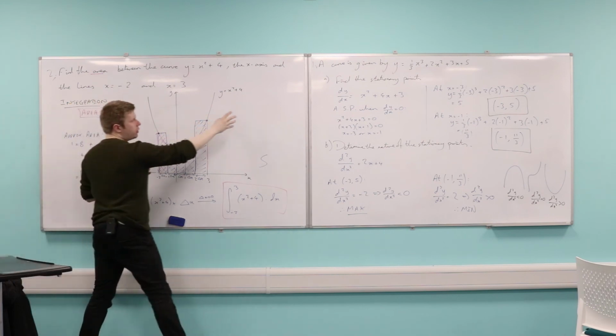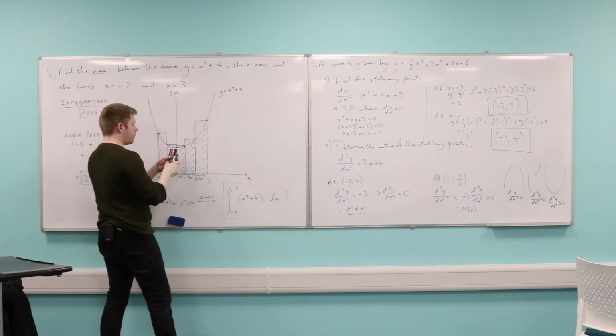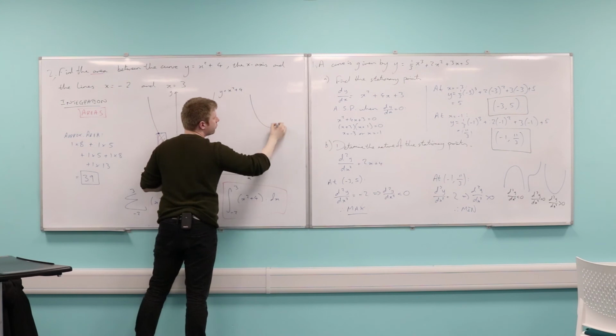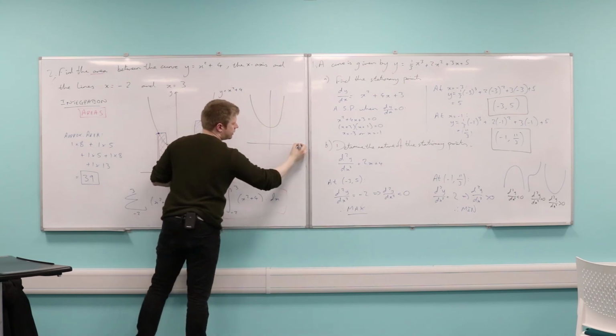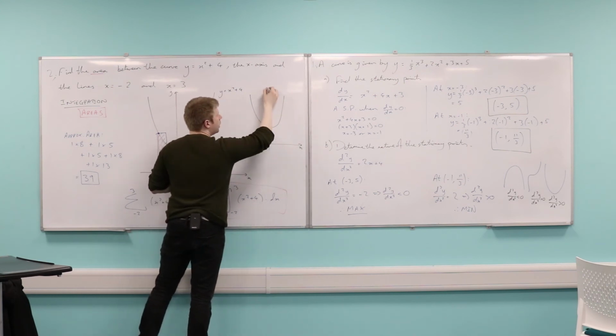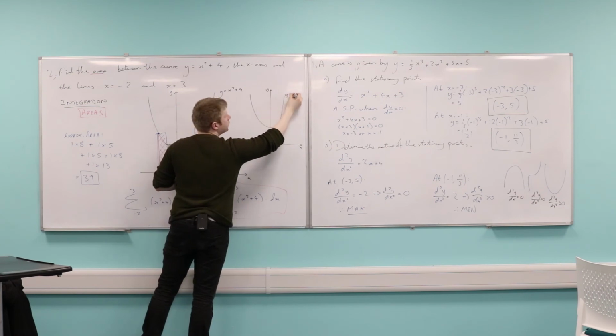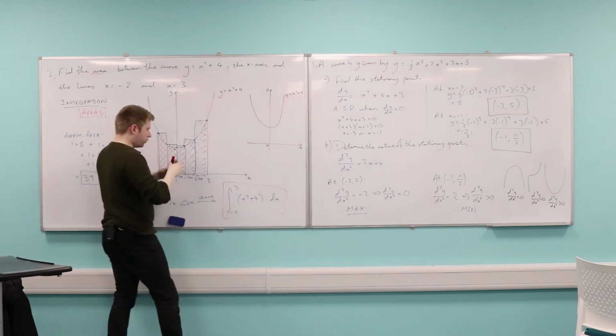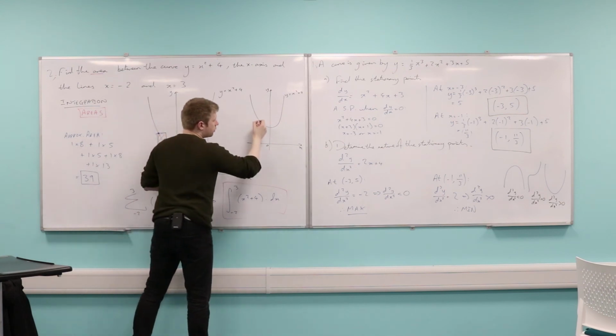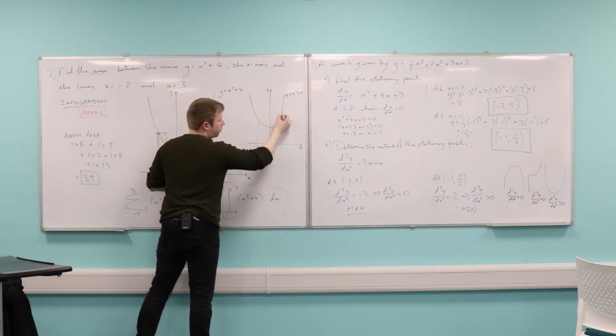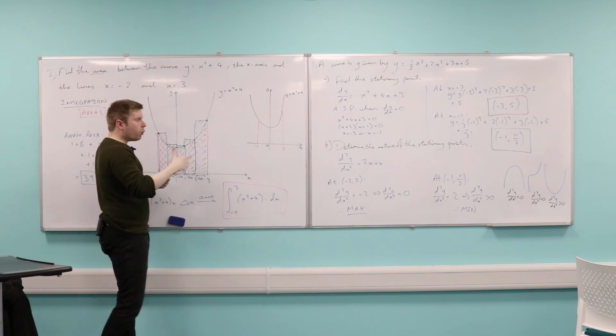So what I'm literally doing here, if I make a quick copy of this diagram again, so I've got my curve, got my x-axis, so this is y equals x squared plus 4, and I've got my 2 points on here, so I've got -2 and I've got 3 over here. I want to work out the area.